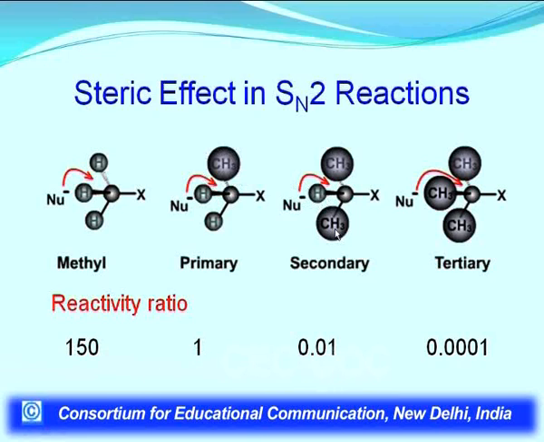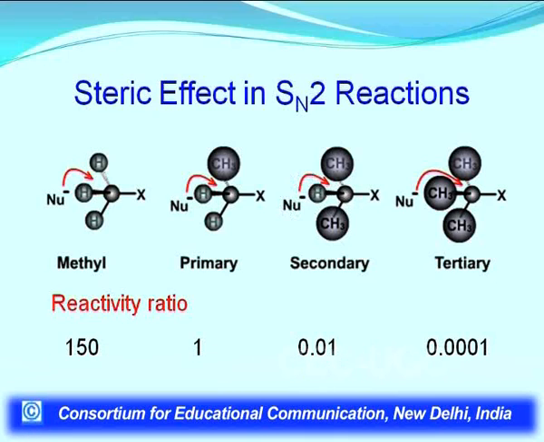If it is an isopropyl group, there are two methyl groups, and in a tertiary butyl group, there are three methyl groups. In all these cases, the nucleophile has to attack the same carbon. So the larger these groups are, or the more bulky groups there are, the more difficult it will be for the nucleophile to approach and form a bond with this carbon, or in simple words, attack this carbon.